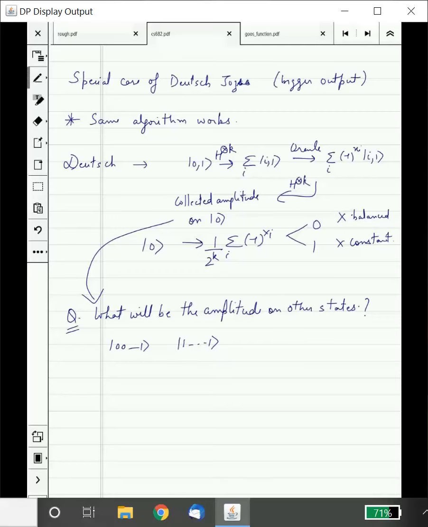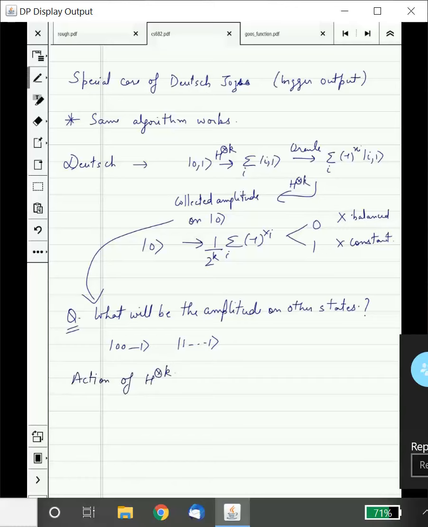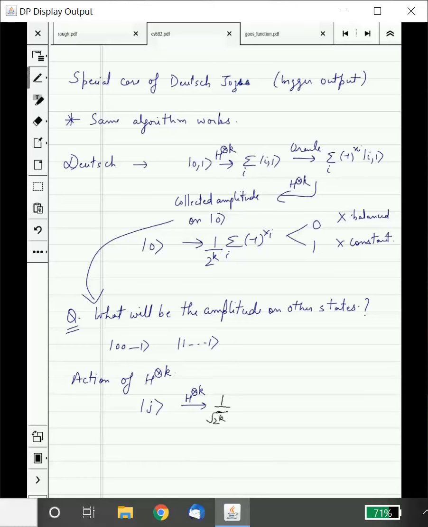In other words, we want to figure out how this Hadamard operates on the state. Let us see. The first thing to notice is that if my state is j and if I apply Hadamard on it, then I will get, this is the normalization factor, and the amplitude on state i is going to be this.